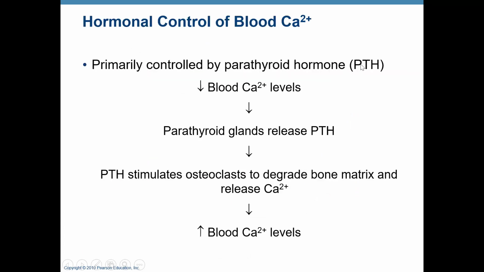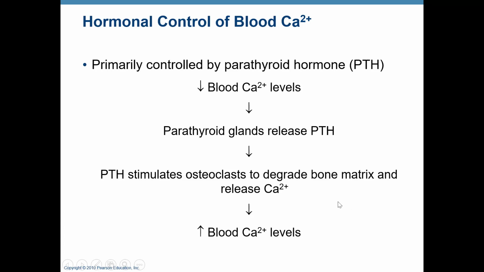So again, let's say blood calcium levels drop. That stimulates parathyroid glands to make parathyroid hormone. Parathyroid hormone stimulates osteoclasts to break the matrix of bone down and release calcium into the bloodstream, returning levels back to normal.